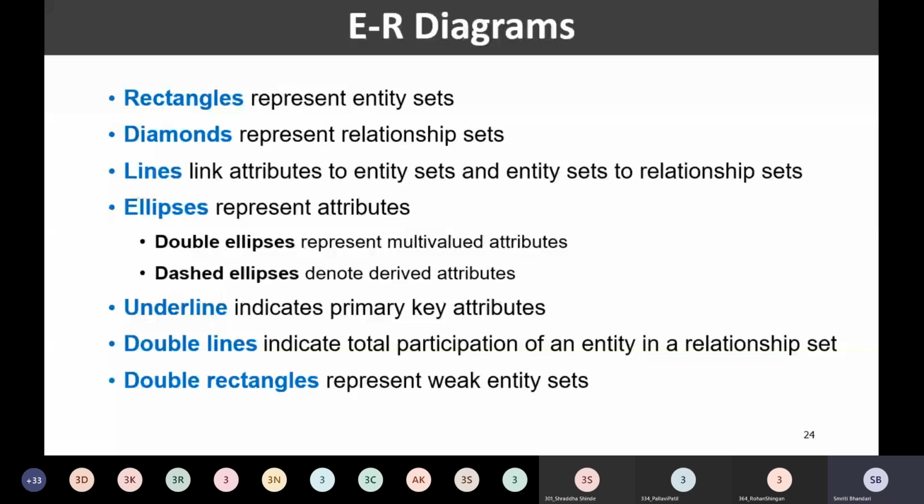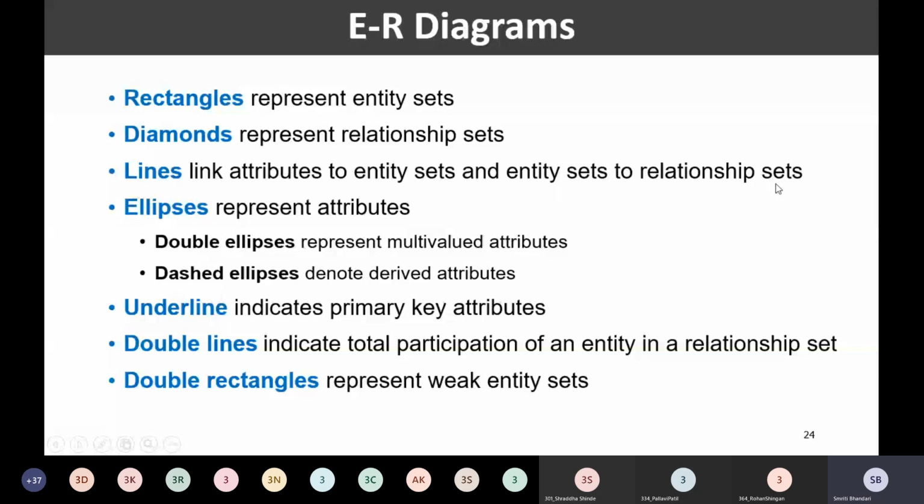So we have the notation that is the rectangle. We are going to make use of rectangles to represent entity sets. The diamonds are used to represent the relationship sets. The lines are used to link the attributes to entity sets and also to link the entity sets to relationship sets.